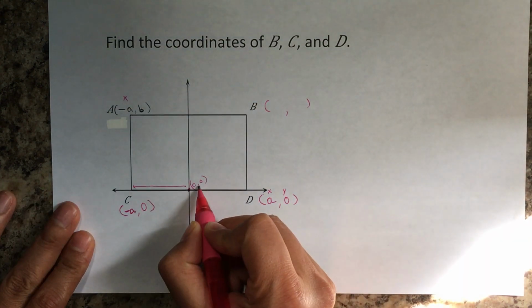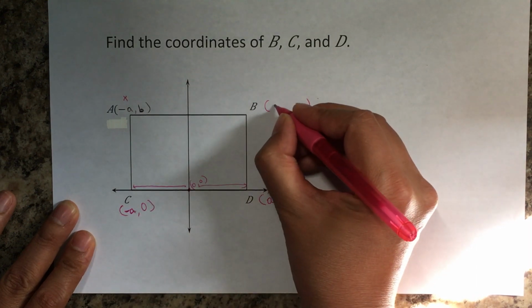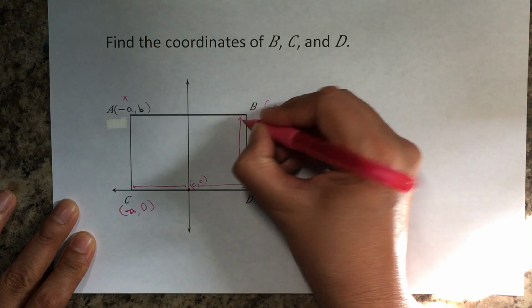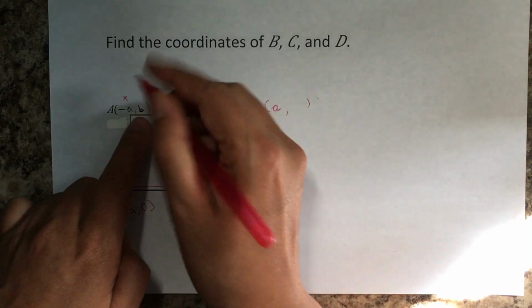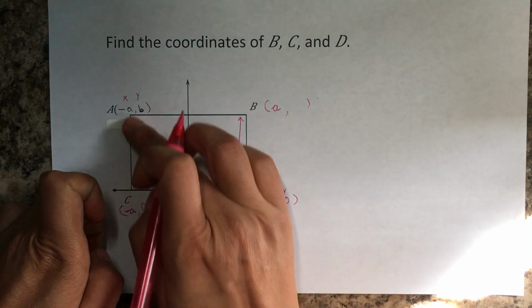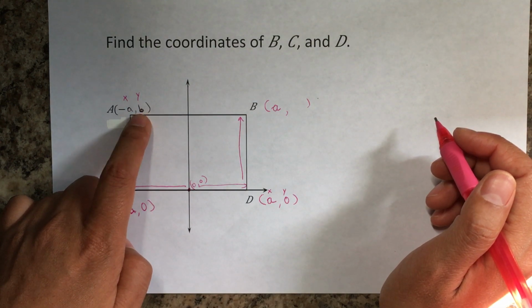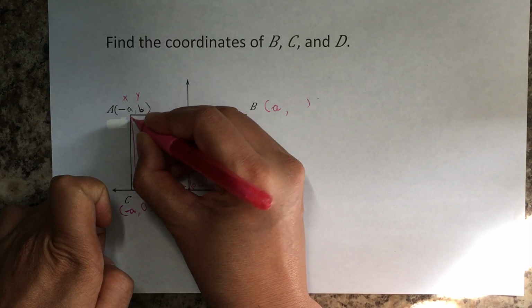For B, we go that same distance on x, positive a. And we also go that distance on y. We already know that that distance on y was labeled with b. So this is the distance b.